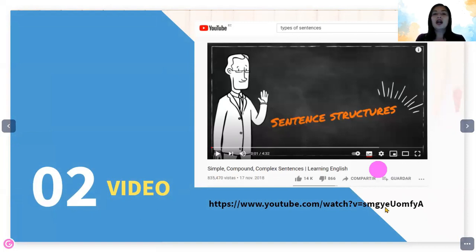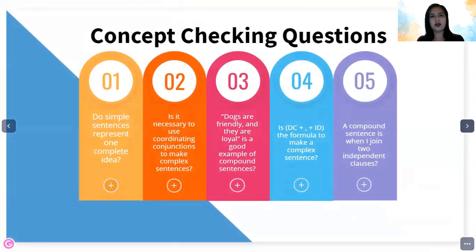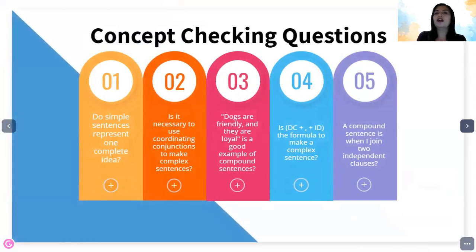And after watching the video, I would like to ask them some concept checking questions so I can see if they understood the information provided by the video and they can relate this information with the guided discovery that they previously made.